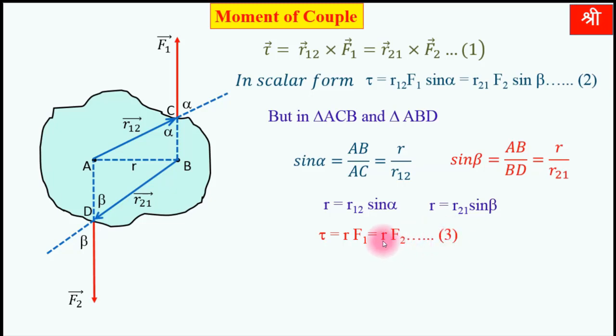So this formula gives the moment of couple. Moment of couple is given by R, where R means the perpendicular distance between these two forces, because F1 and F2 are vertical, R is horizontal. Therefore R is perpendicular to both of these vectors F1 and F2.